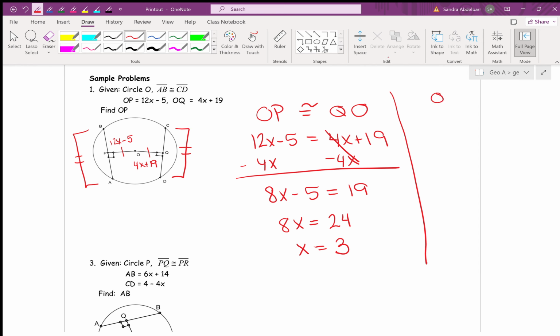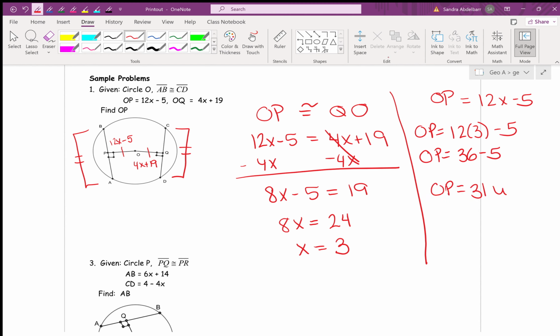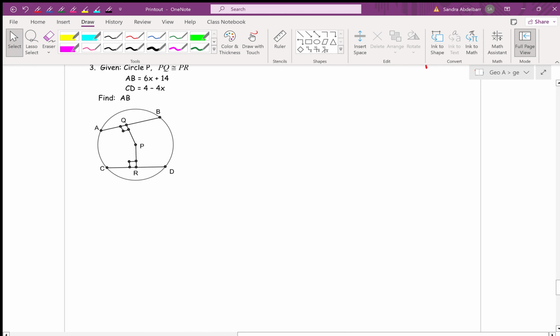So now we're going to say OP was 12x minus 5. So OP will equal 12 times 3 minus 5. So we get 36 minus 5, which is 31 units long. All right, you guys try number 3.